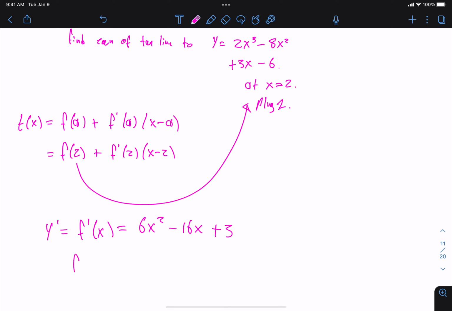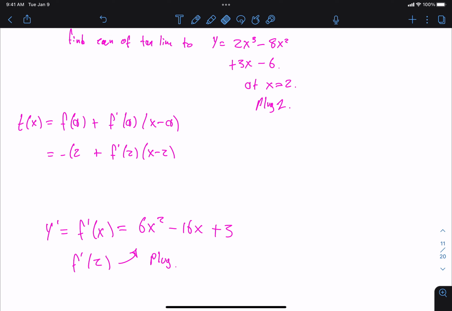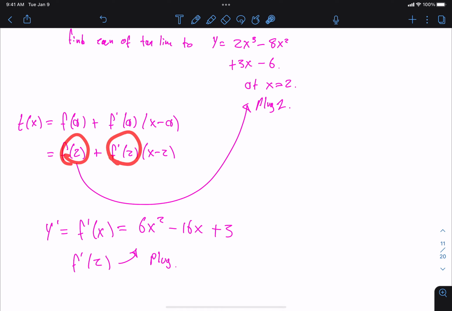And then we get f prime of 2 by just plugging in. From here, all we have to do is substitute these two numbers in here, and that'll give us the equation of our tangent line.